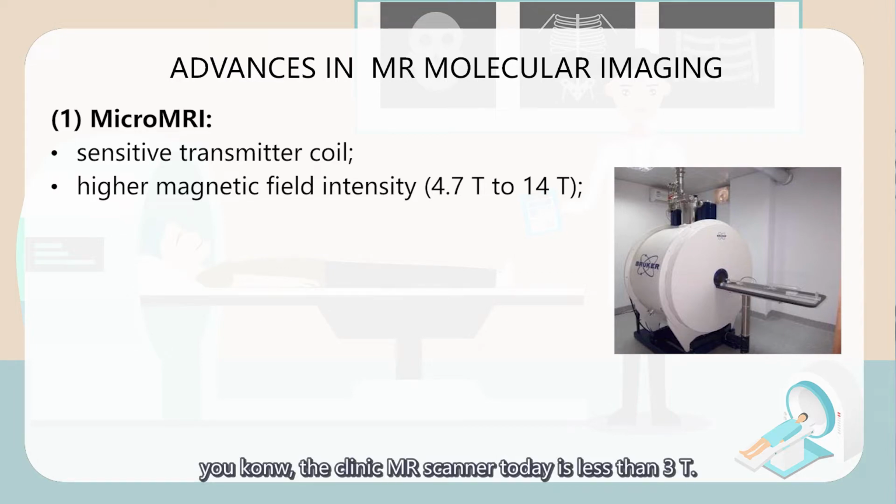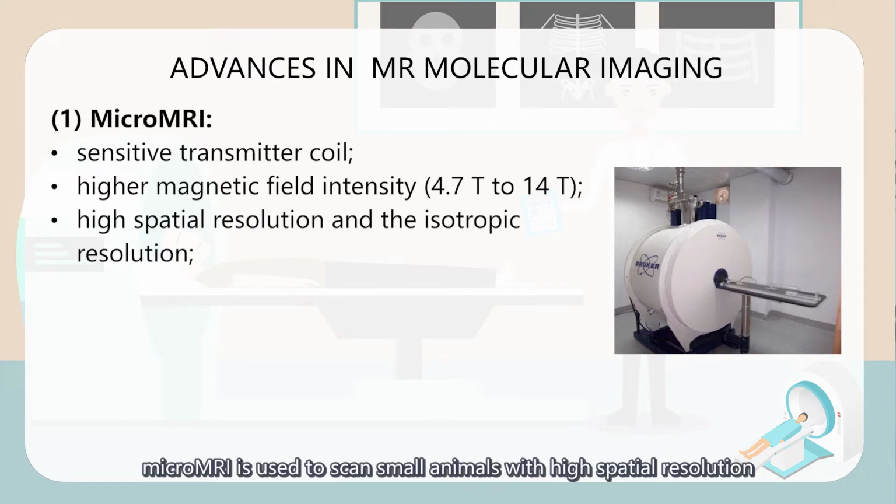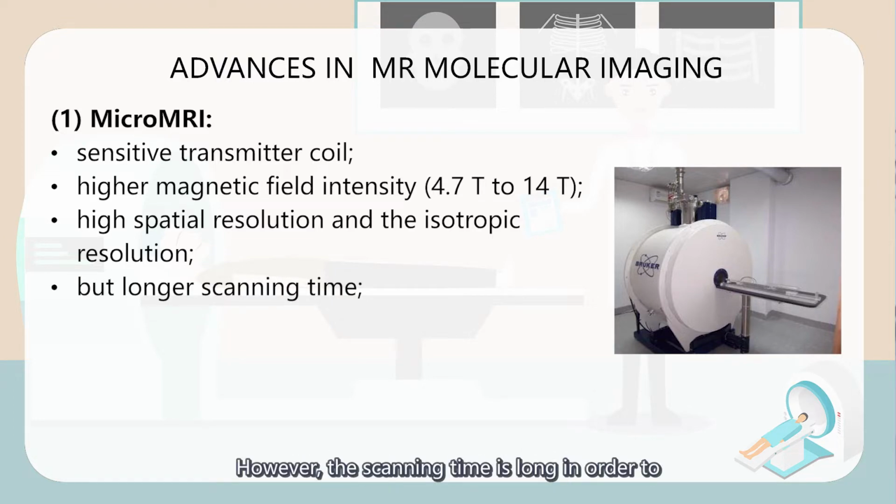You know, the clinical MR scan today is less than 3 Tesla. Micro MRI is used to scan small animals with higher spatial resolution and isotropic resolution. It can achieve organ, histological, even cellular imaging. However, the scan time is long in order to get better images and more information.